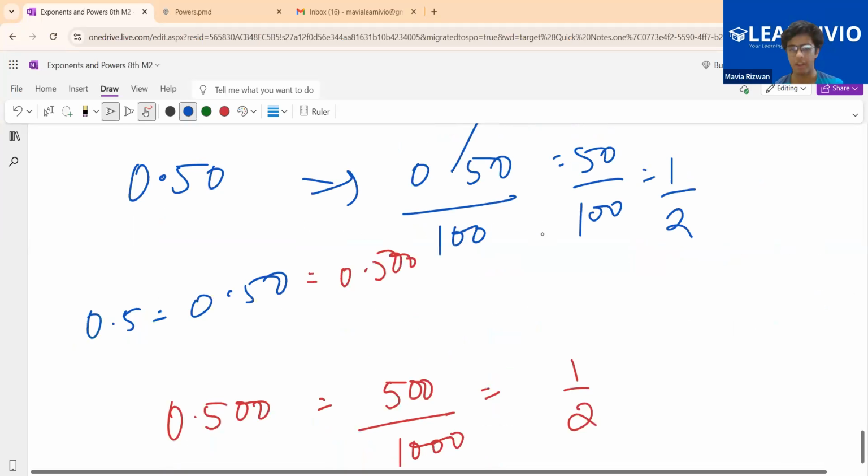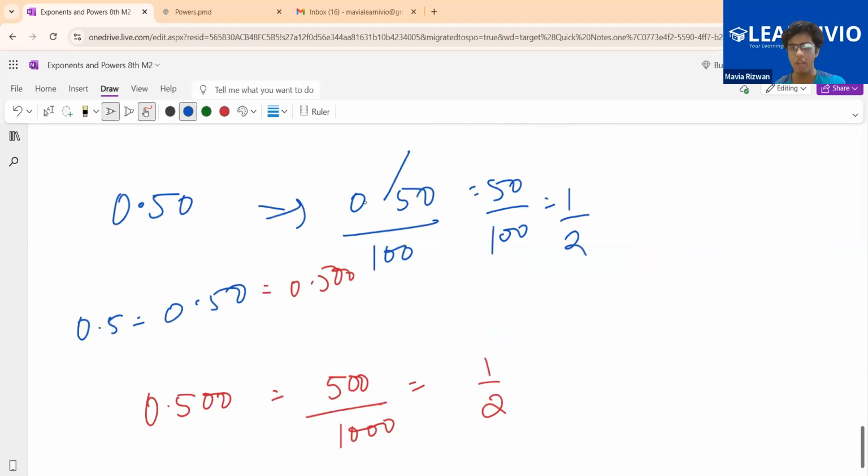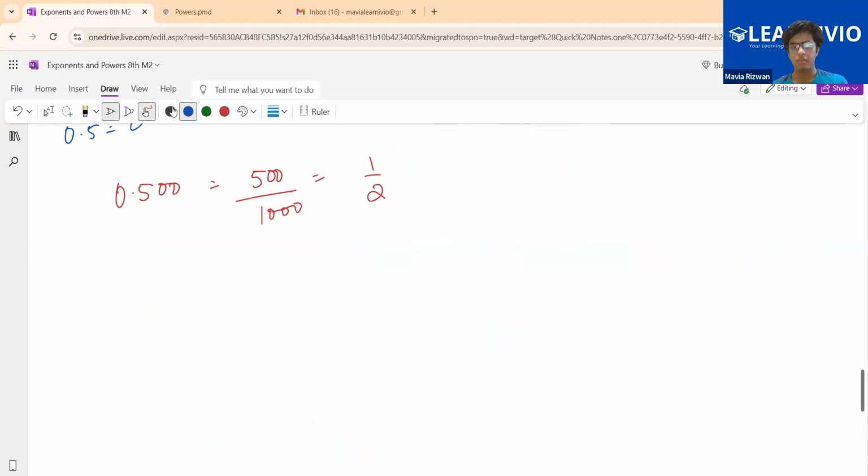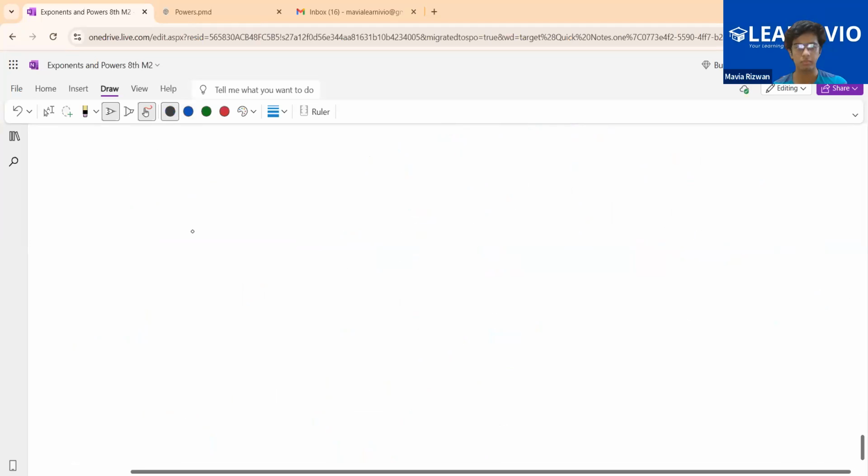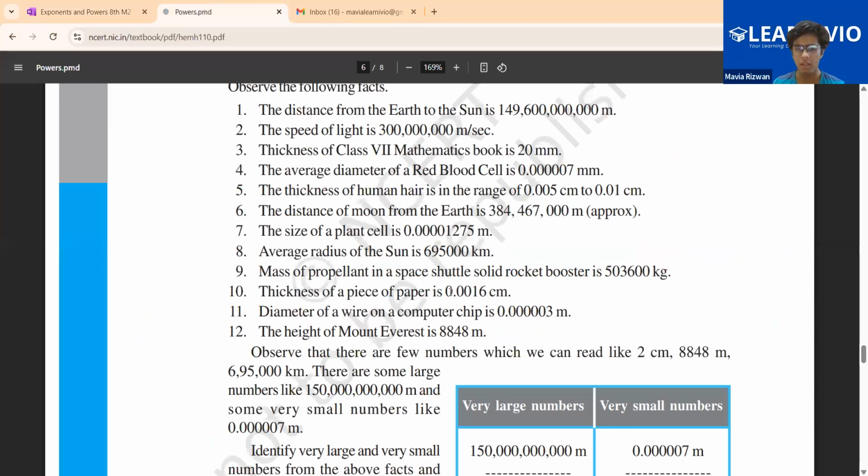Now the next topic. Suppose we have small numbers. Let's say this: the thickness of a piece of paper is 0.0016.